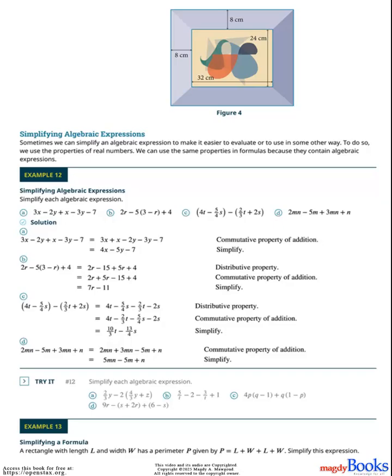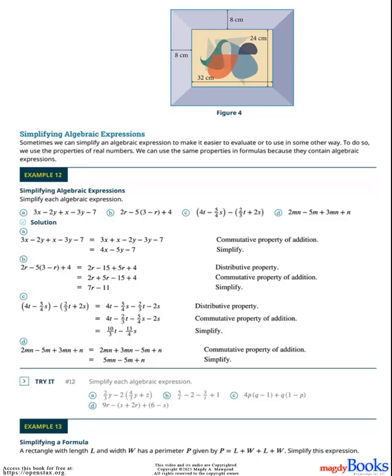Solution. A. 3x − 2y + x − 3y − 7 = 3x + x − 2y − 3y − 7. Commutative property of addition. = 4x − 5y − 7. Simplify.